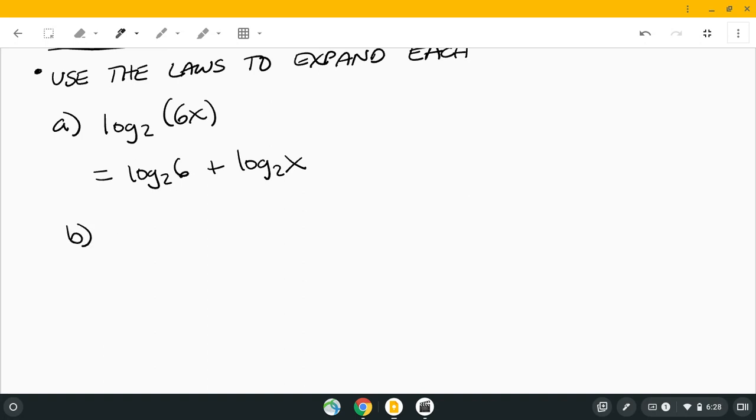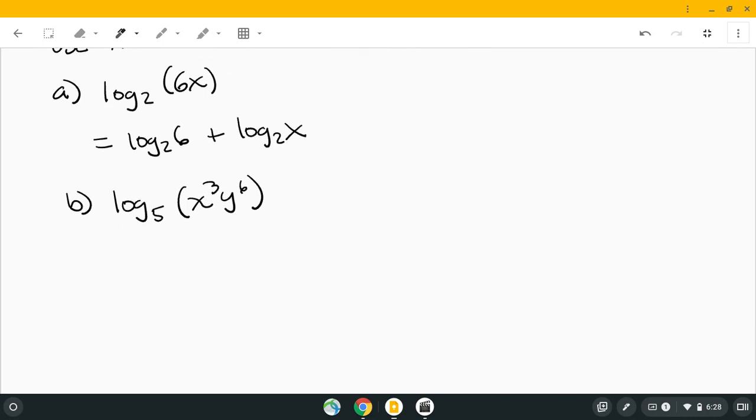Okay, let's take a look at this one. Suppose that you have log base 5 of x cubed y to the 6th. Okay, so here again you have a product, so we can go ahead and write this as a sum.